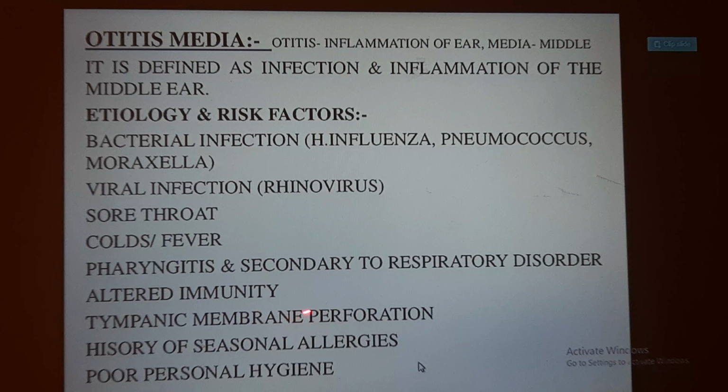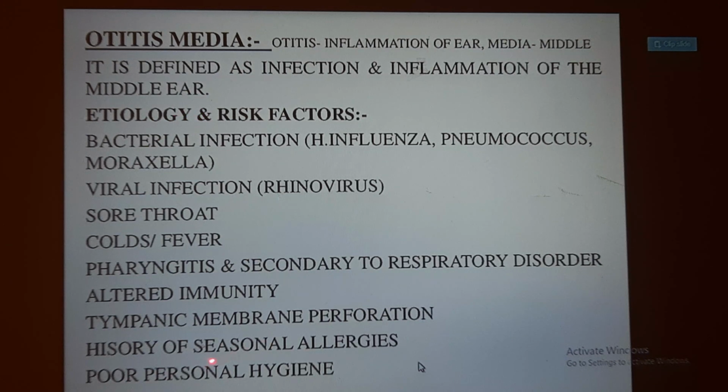So perforation of the tympanic membrane, that is a tear in the membrane with bleeding, can also cause otitis media. And then history of seasonal allergies. Some people have seasonal allergies, for example pollen allergy, dust allergy, dander allergy, etc. Due to allergies also, there will be an inflammatory reaction in your ear.